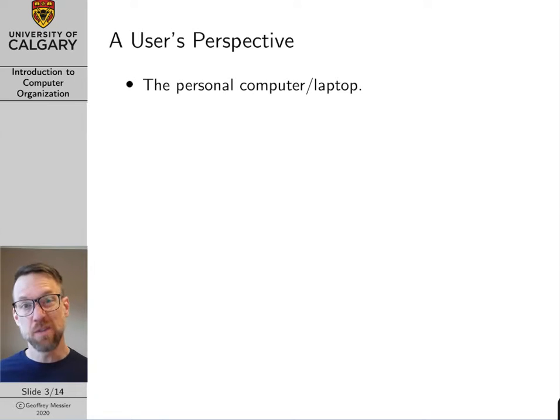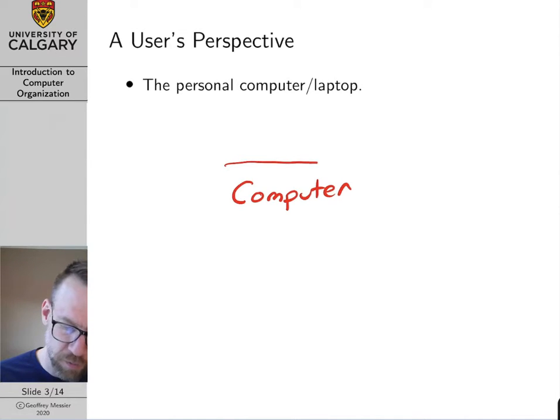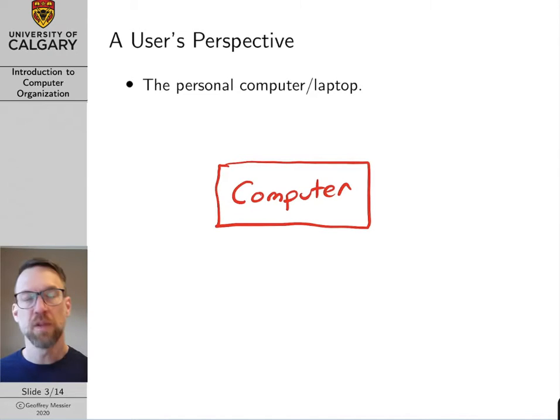And this continues to this day. So with the personal computer or laptop, we have some box, I guess, or some component that we imagine representing the computer. With the personal computer, this is like the main computer tower. And then we connect a series of things into this computer that allow us to make use of it.